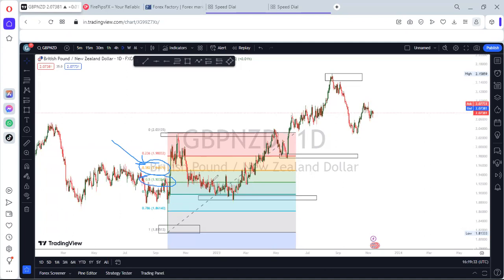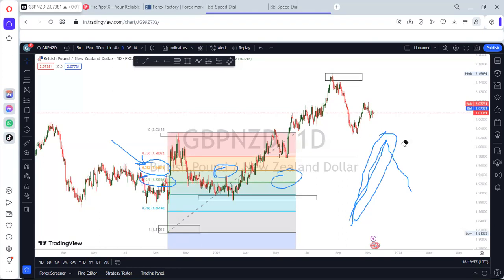What this simply means is that when the market makes an impulsive move and it starts retracing, if it retraces 30%, it will touch this level. If it retraces 50%, it will touch this level, signifying that the market has retraced 50% of the impulsive move.